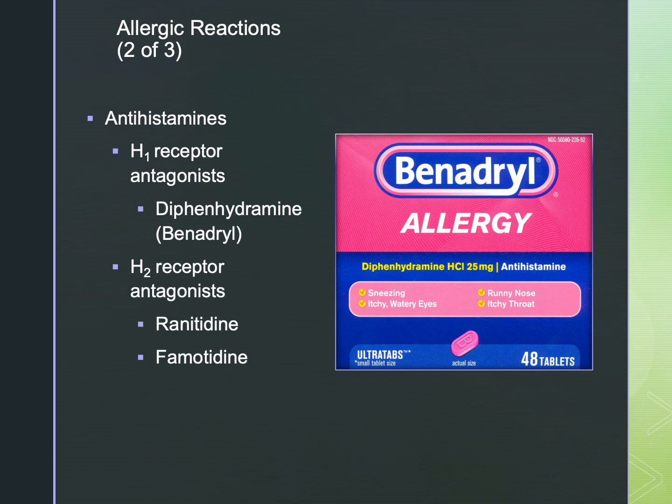And I'm sure you're familiar with the H1 receptor antagonist called Benadryl or diphenhydramine. This is an over-the-counter medication that is typically taken for mild allergy, but in the operating room, it can be given IV to treat allergic reactions. And then common H2 receptor antagonists include ranitidine and famotidine.